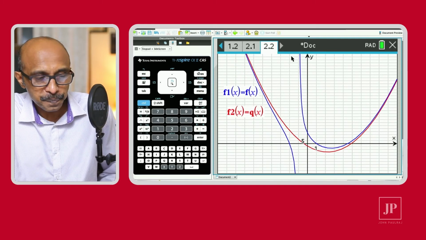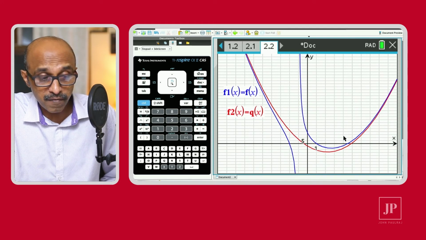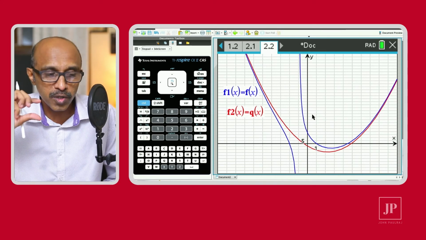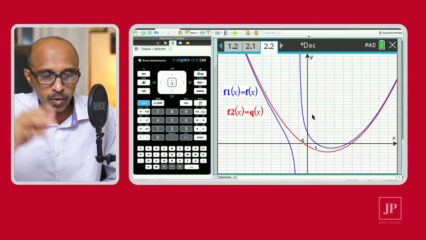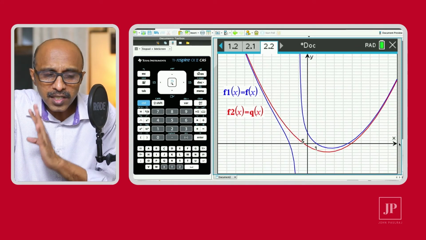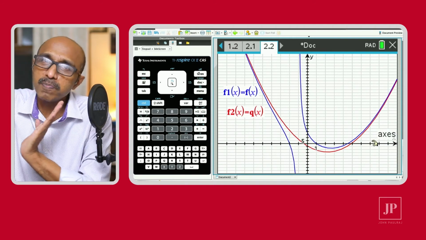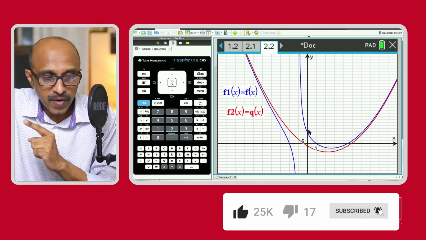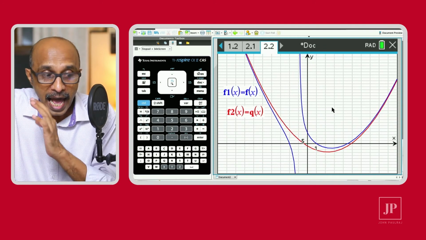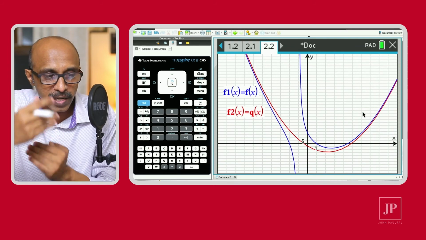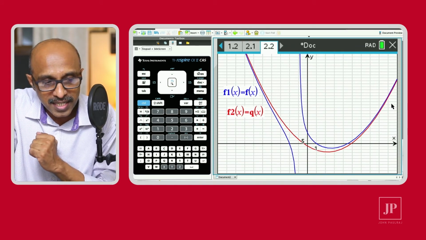The blue graph is our rational function, okay? And remember that the degree of the numerator was differing by 2. And the red graph is our quadratic, the quotient, okay? And even here for large values of x on both sides, x approaching positive infinity and x approaching negative infinity, you can see that the blue graph, the rational function, and the quadratic, the quotient obtained when you divide the numerator by the denominator, they both seem to agree.